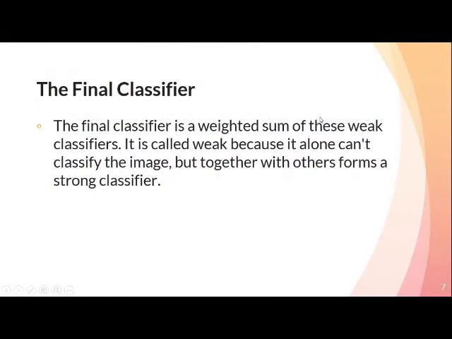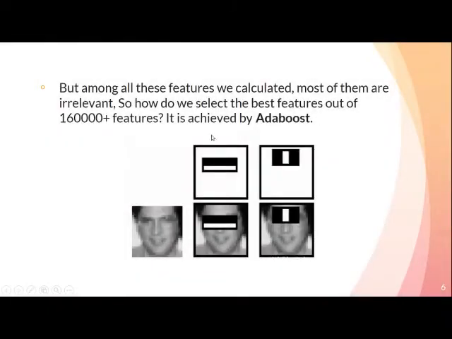Now what AdaBoost will do is, for each feature that it finds, it will try to apply that feature on the different positive images, right? And it will check if it is a good feature or not. If it is a good feature, then it increases the weight of it, and if it is not a good feature, then it will reduce the weight of that feature.